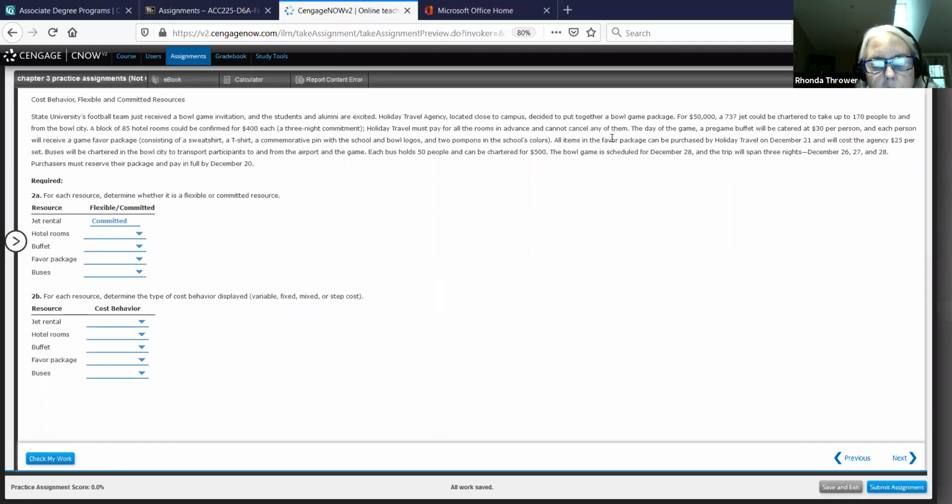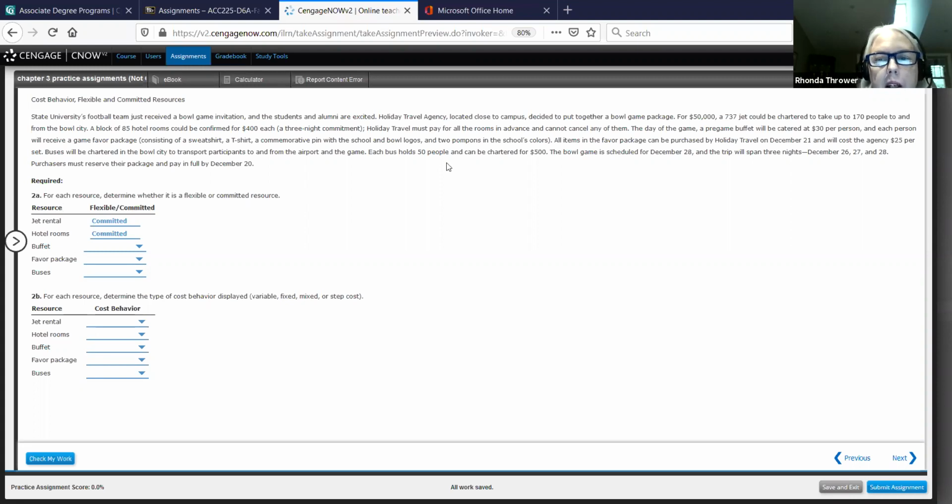It too is a committed expense. A committed expense is a resource that we've entered into, and it's possible that we could have some unused hotel rooms. And so this is an example of a committed type of expense.